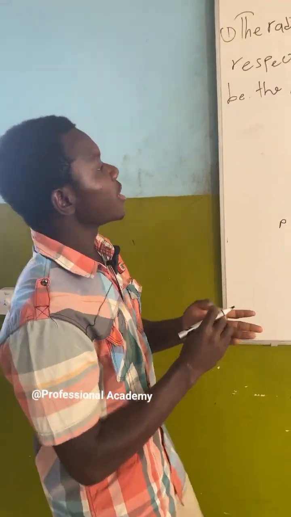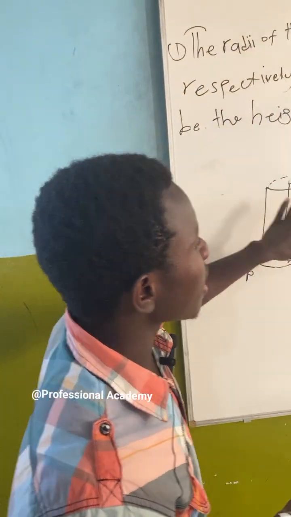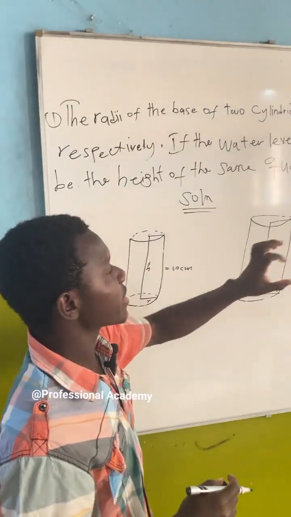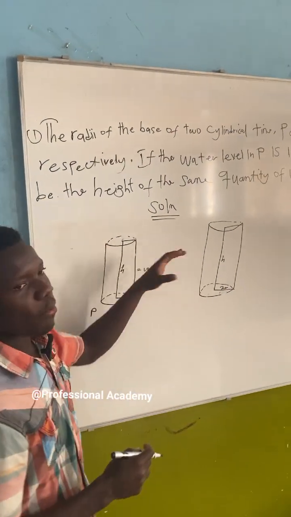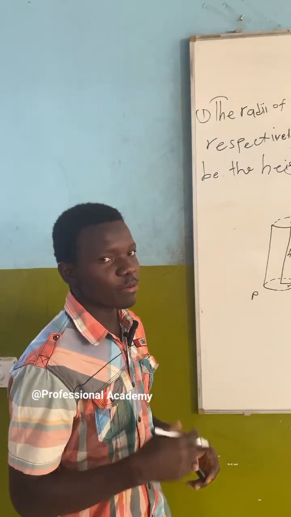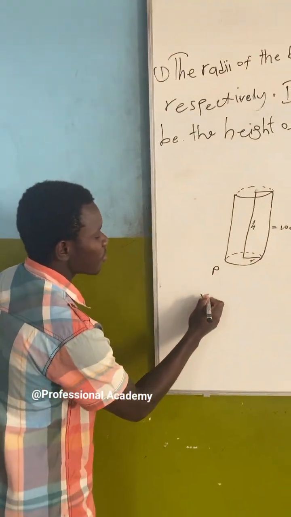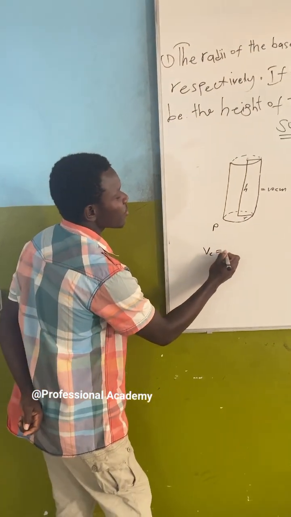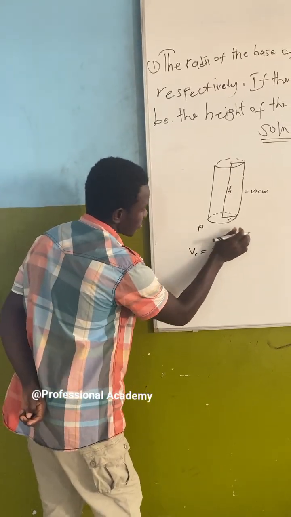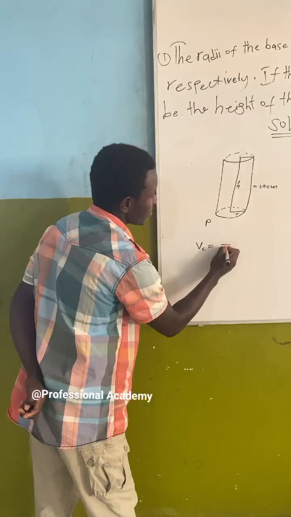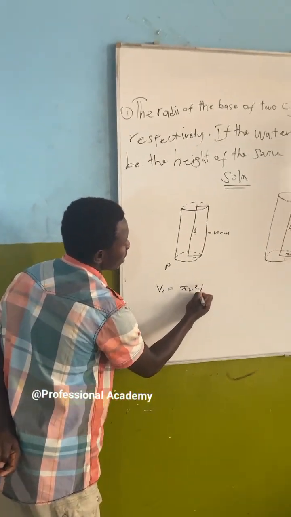If the quantity of water in P and the quantity of water in Q are the same, definitely their volume must be the same because they have the same quantity of water. If you can recall, the formula for the volume of a cylinder is pi r square h.